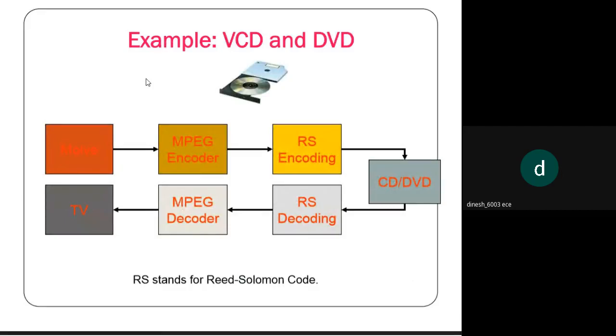Okay. Is this example, VCD and DVD, visible? Yes, sir. Okay. So in television we can see whatever we want to watch, and whatever is being relayed in the speakers at that particular time.